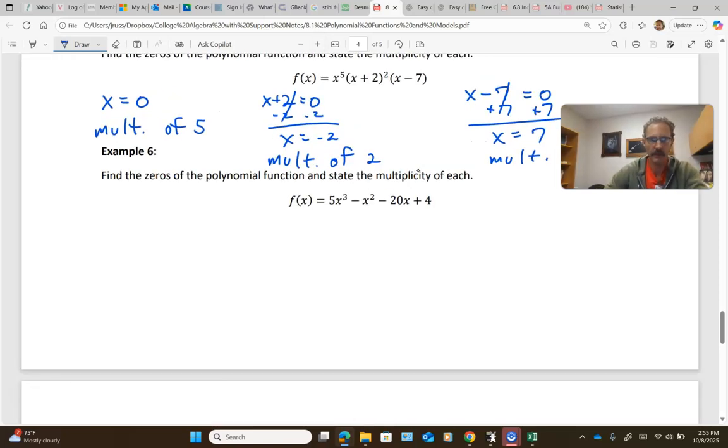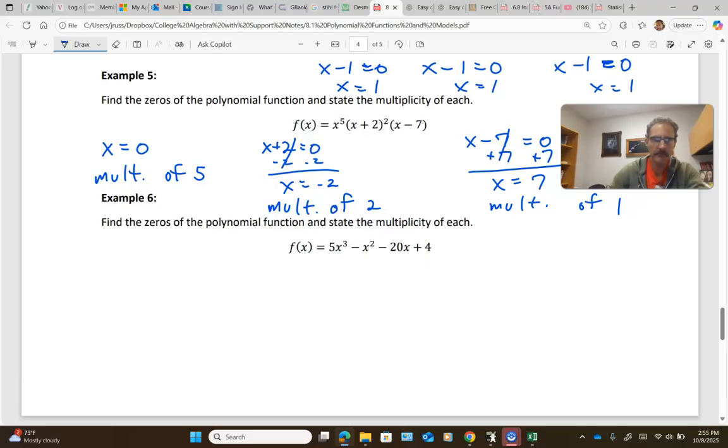I'm going to zoom in here. All right, so I'm going to rewrite it. I'm going to set it equal to 0. And then I'm noticing that on the left-hand side, it's not quadratic.